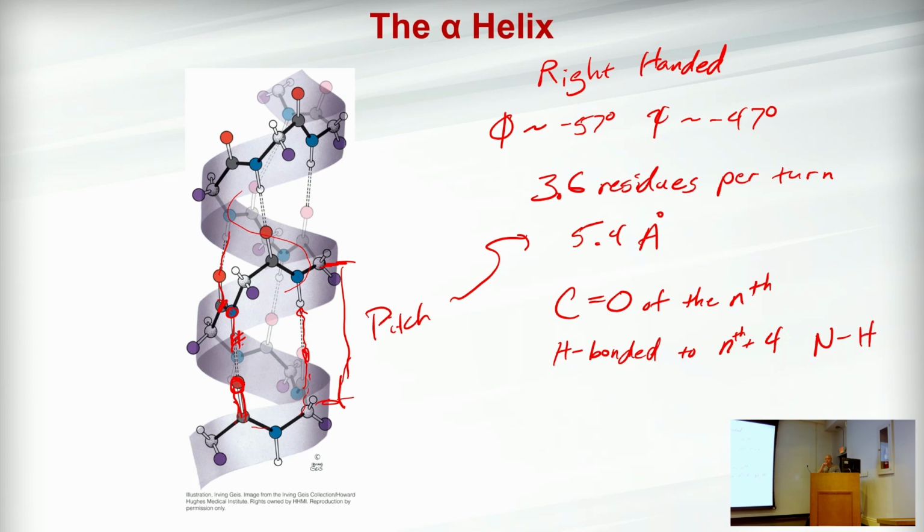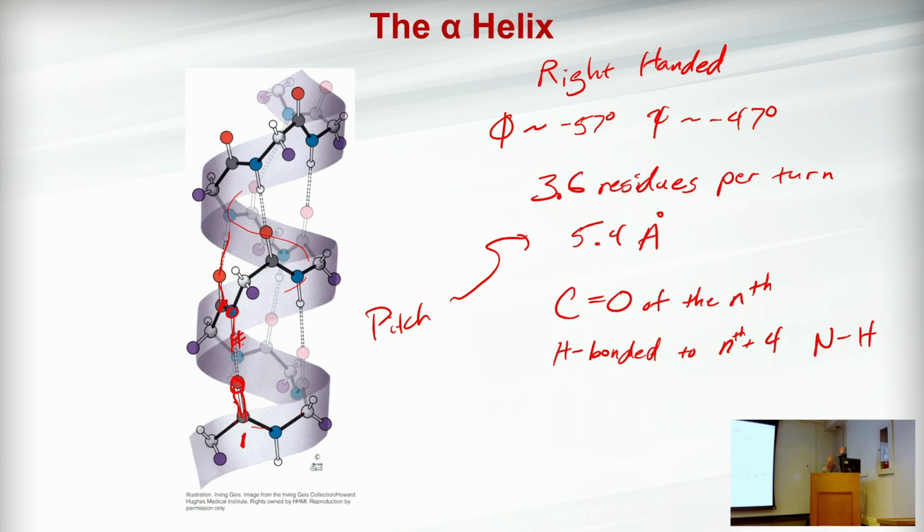But it's not just, right? So basically, if I count, if this is carbonyl 1, let me erase some of this so I can see it. I don't want to lie to you.